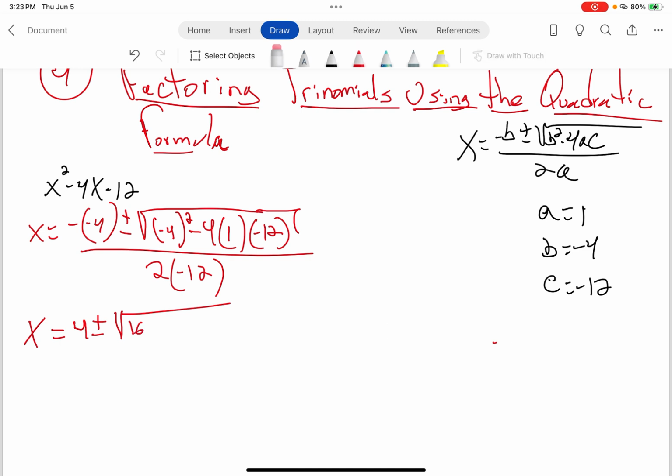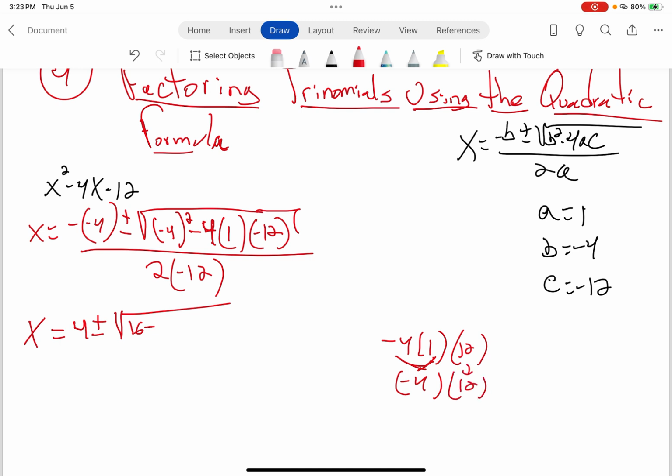Then you will have minus from the formula, 4 times 1 times 12, minus 4 times 1 times 12. When you multiply those two numbers, you will get first minus 4, and then minus 4 times 12 will give you what?